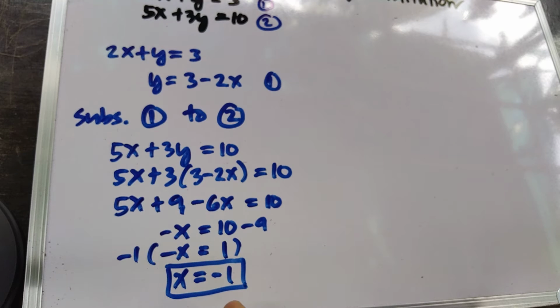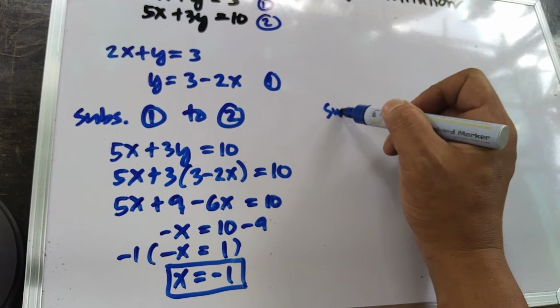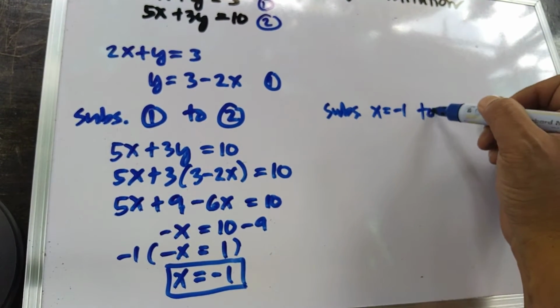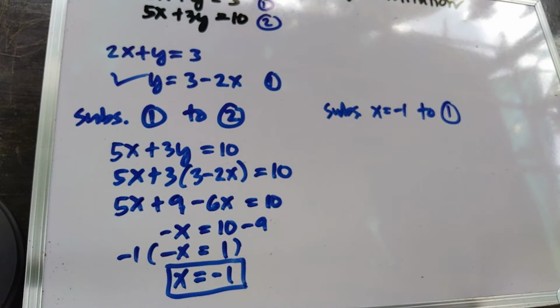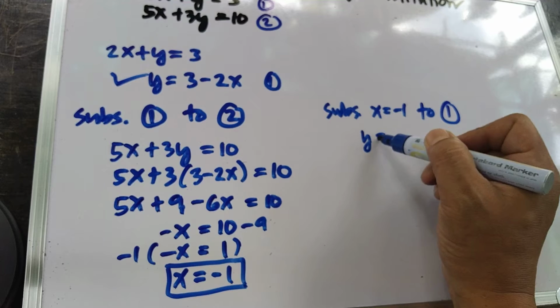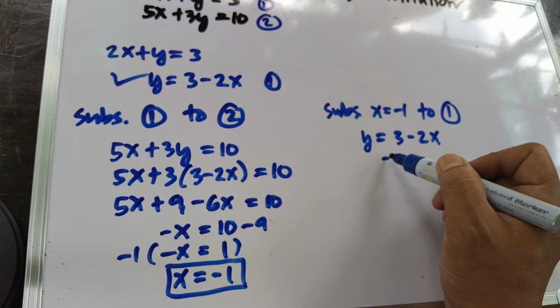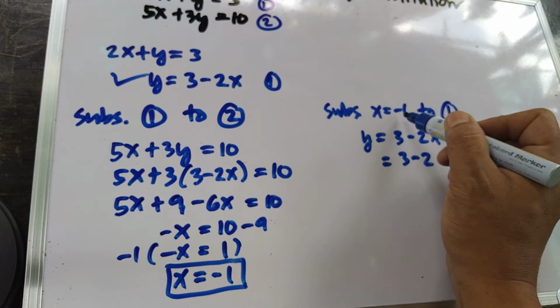Now, we have come up with x is equal to negative 1. We substitute x is equal to negative 1 to equation 1, y is equal to 3 minus 2x. So, that is equal to 3 minus 2 times the value of our x, which is negative 1.